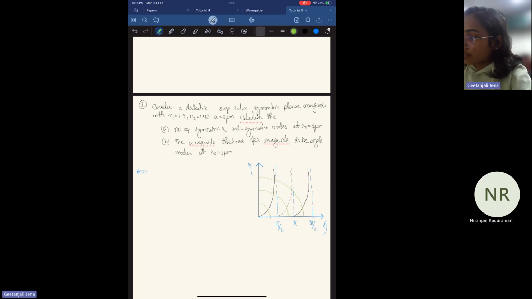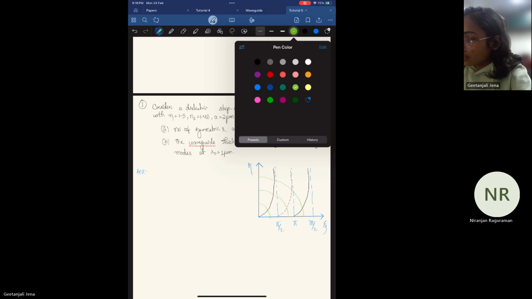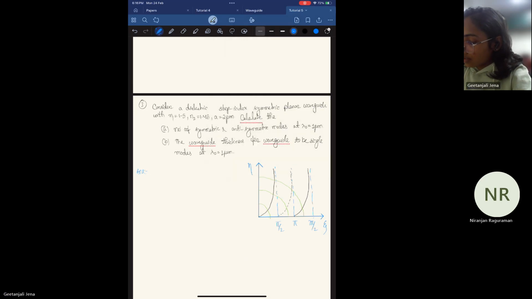I think this color is visible. So n1 is 1.5, n2 is 1.46, and it is a symmetric step index planar waveguide. And the parameter a is 2 micrometer.